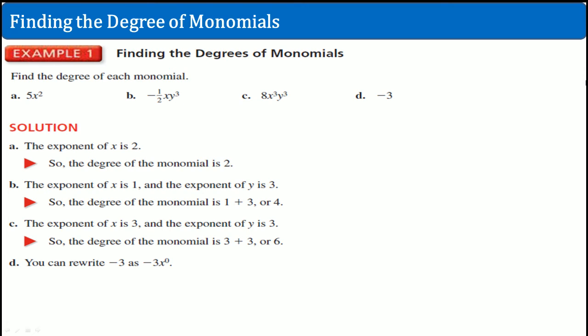Okay, and that just represents 0. So the degree for any number, because it's a constant, is 0. Refer back to the vocab if you would like another explanation. But these are just using the vocabulary to help you define whether it is a monomial and what the degree of that monomial is.